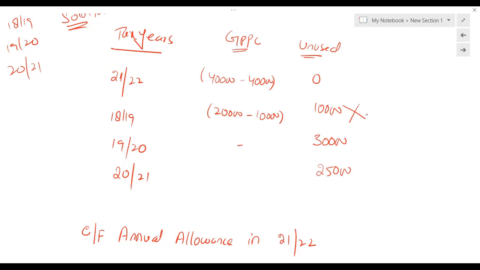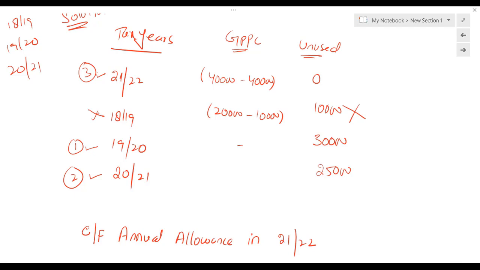Maximum 3 years means I can carry forward unused limit of 21-22, that's going to be 1 year. I can carry forward unused limit of 20-21. I can carry forward unused limit of 19-20. So that's going to be 1, 2, and 3. So simply, I cannot carry forward any more unused limit of 18-19.